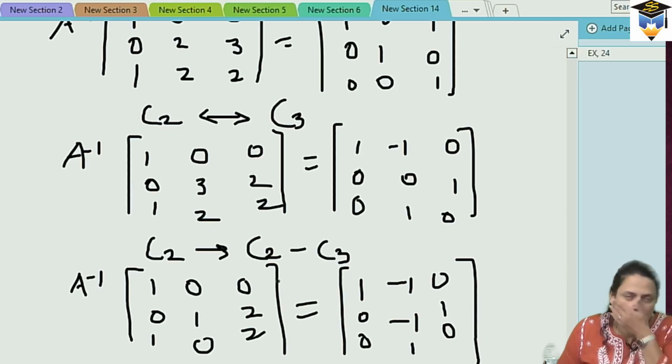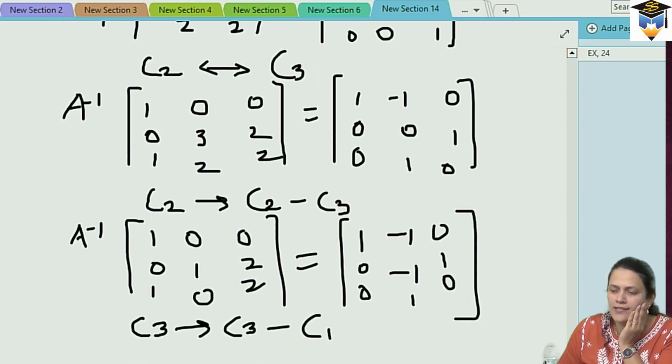Now what we need to do is we need to get 0 over here. So what I am going to do? C3 column I am going to change in such a way that it is C3 minus C1. So now C2 will remain as it is.